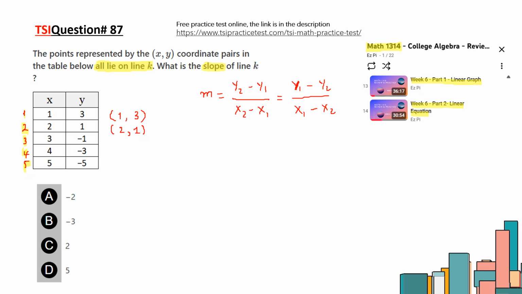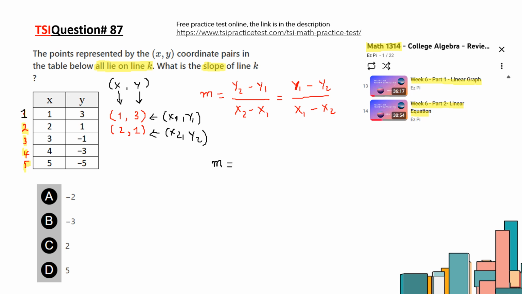So let's call the first one my x1, y1. This is my x2, y2. Which means here is x, here is y, of what point? Here my first point, that's why it's x sub 1, the x coordinate of the first point. Okay, now to plug in.